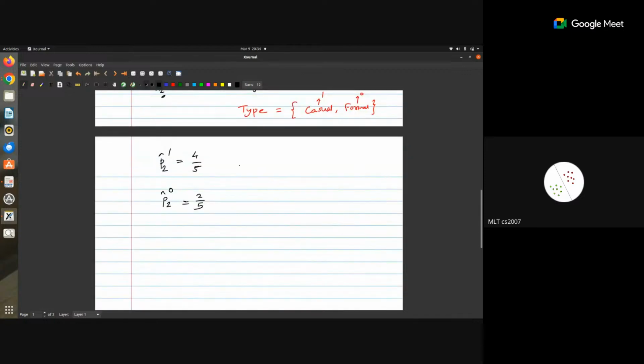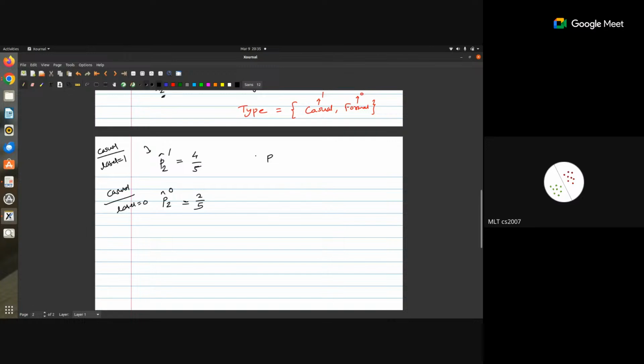Similarly, this is the probability that the type is casual when the label is 1, and casual when the label is 0.